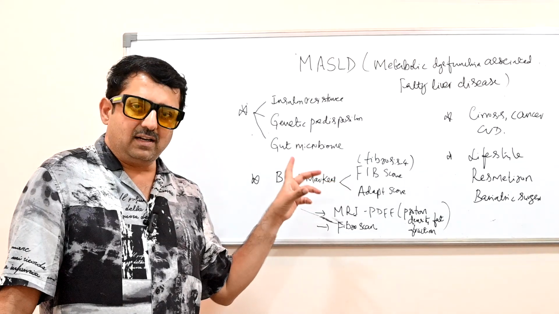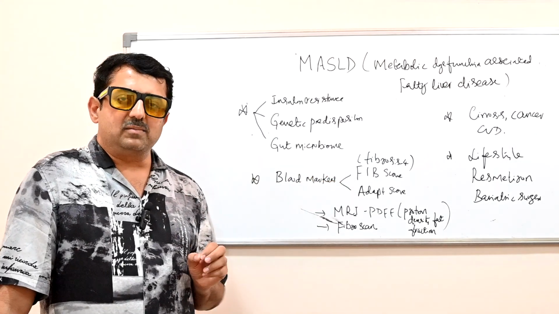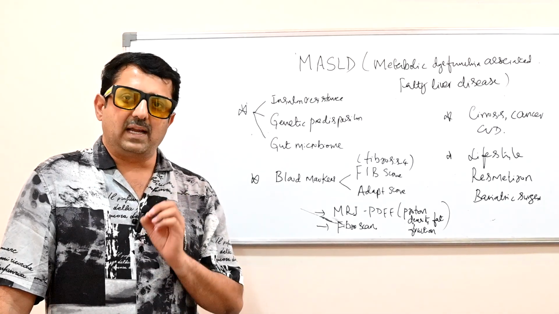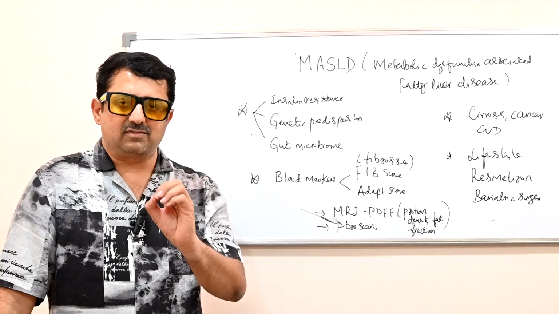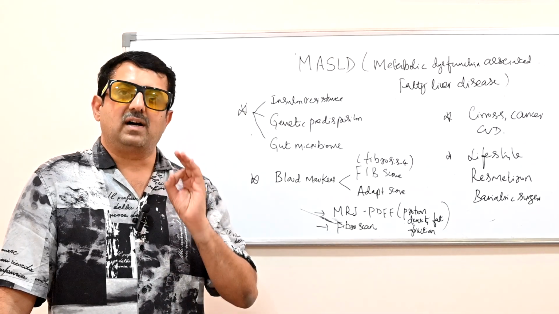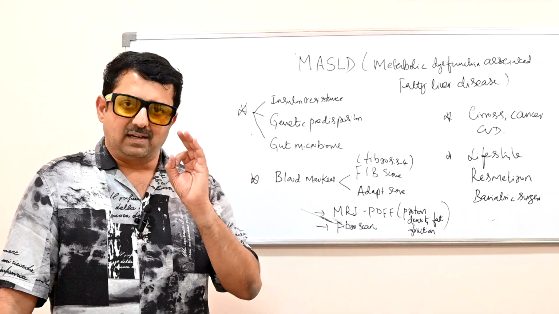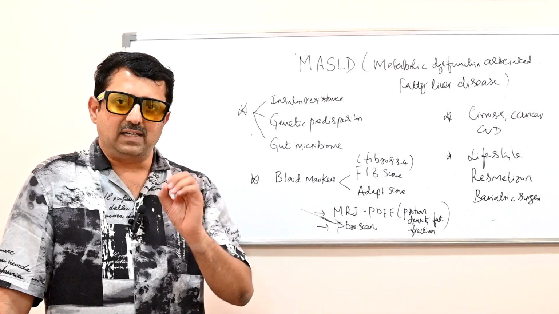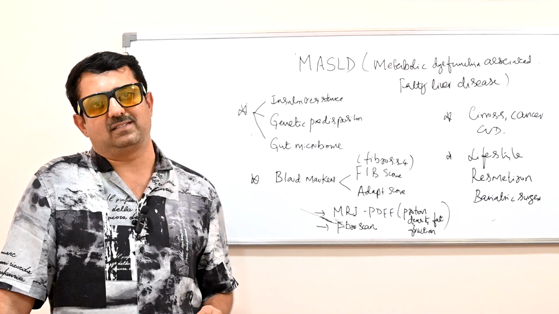So fatty liver, in common terms, means that if somebody has a fatty liver, you are more likely to have a metabolic dysfunction. You are also at high risk of developing diabetes and cardiovascular diseases.